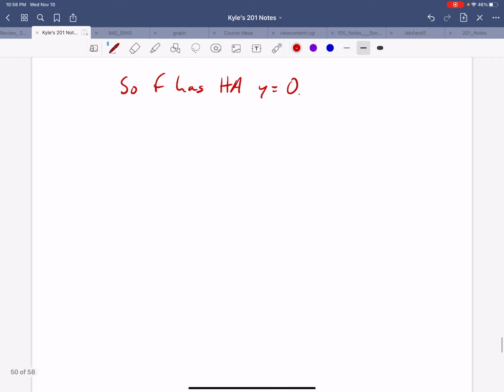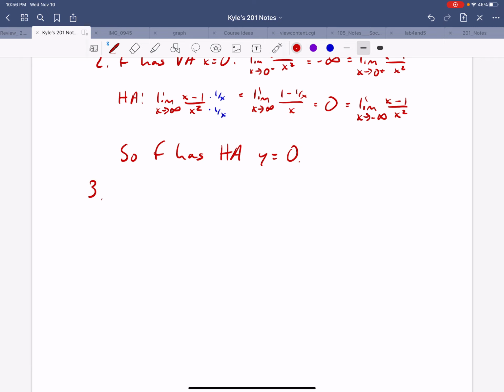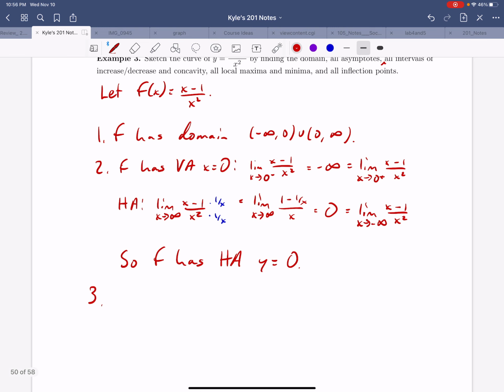Last but not least, doing fine on space here, we want to find the y and x intercepts. So f of 0 does not exist, so f has no y-intercept.